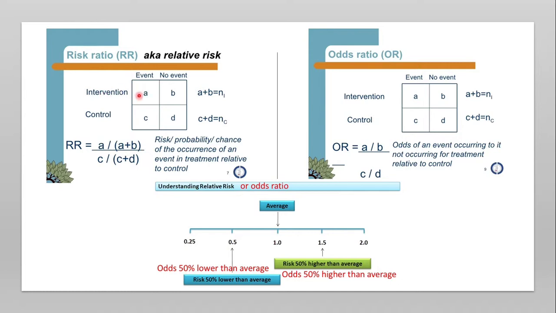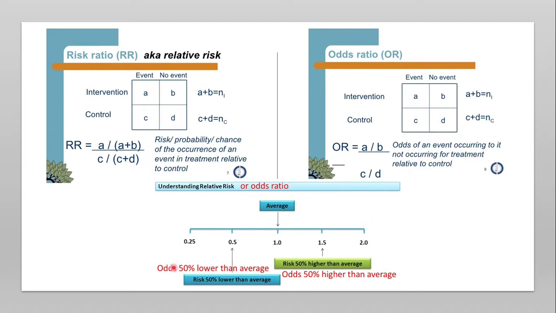So you have yes, it occurred, no, it didn't occur, and the same for the control group. And you can calculate that way. An odds ratio looks at it the same way, but it has a slightly different way of calculating it.